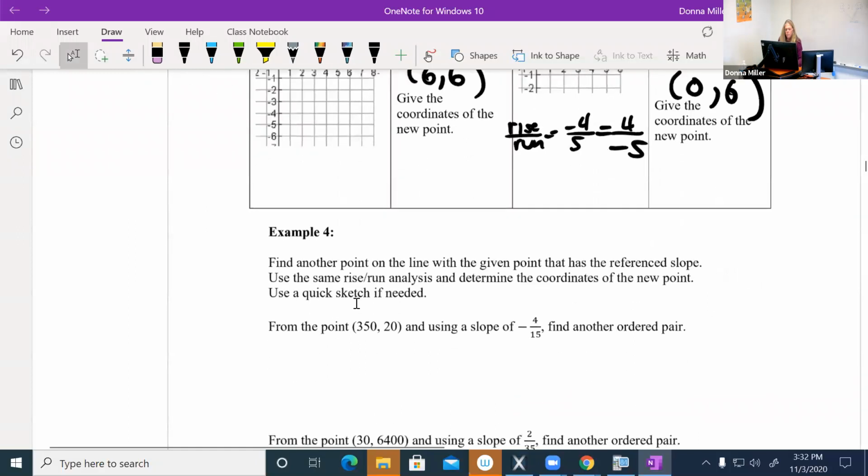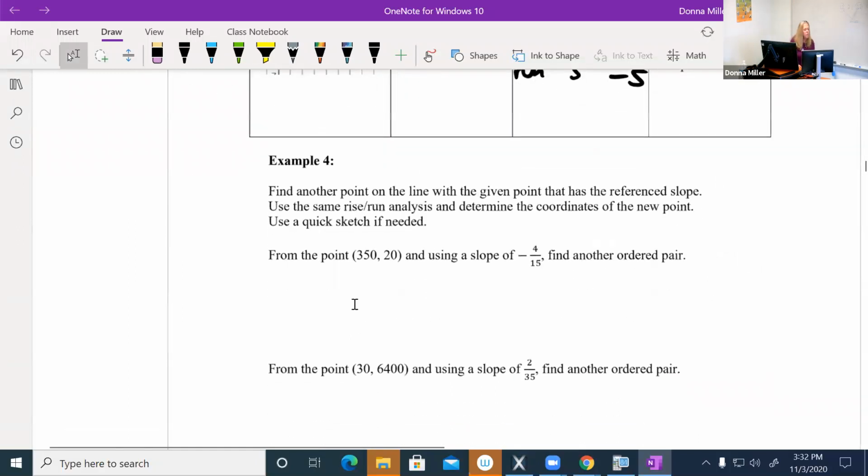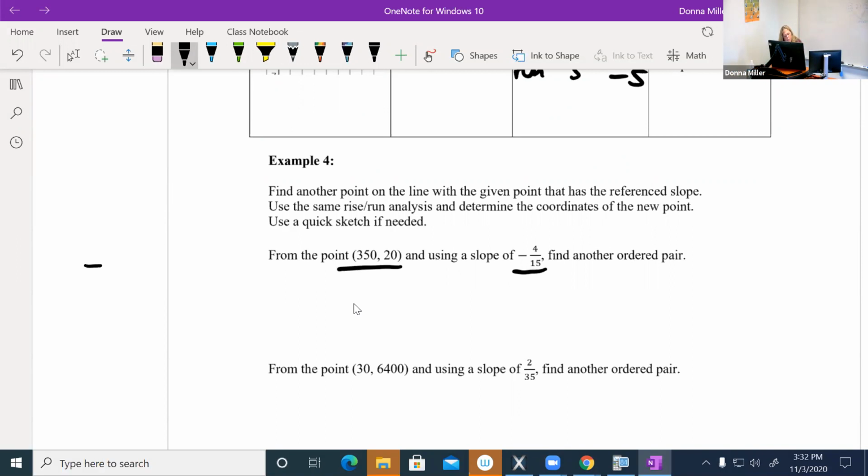All right, so do we really need to graph it every time? The answer is no, all right? If you understand that slope is rise over run, you don't even need to graph it. So if here's a point, and if I know this is the slope, I'm going to write this as -4/15. That's rise over run, which is basically the change in y over the change in x.